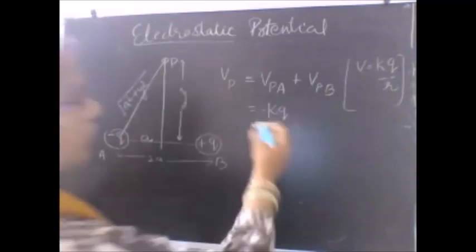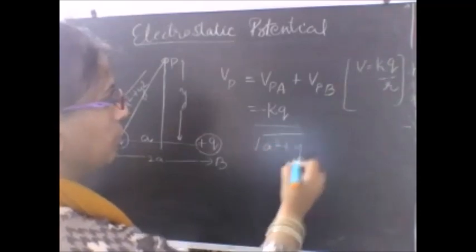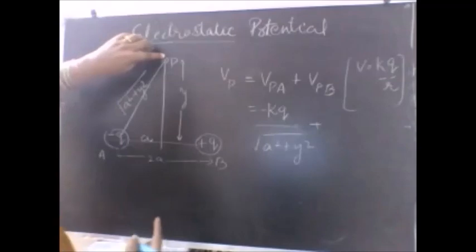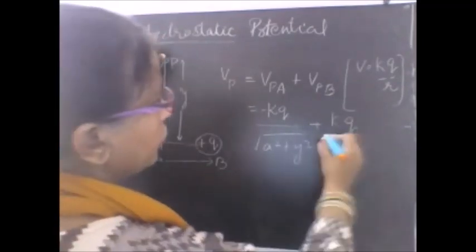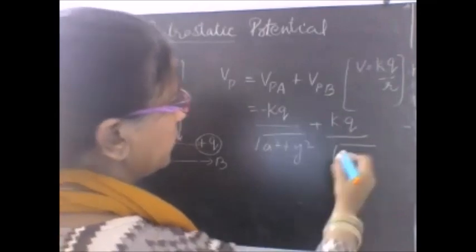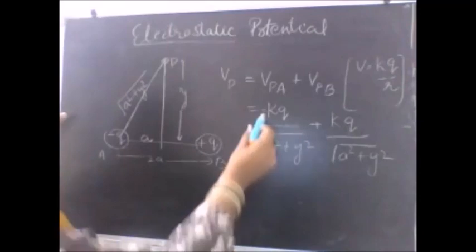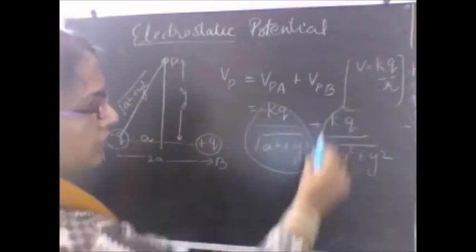Let us put this value here. This is under root a square plus y square, plus what is the potential at the point P due to B? This will be KQ by the same term here, under root a square plus y square. Aren't both the terms identical?